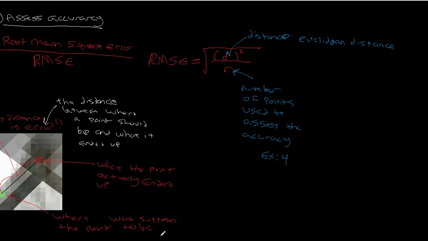But for right now, what I want to end this video on is understanding conceptually that this root mean square error is basically just a measure of the average distance between where the point should be and where the point ends up.